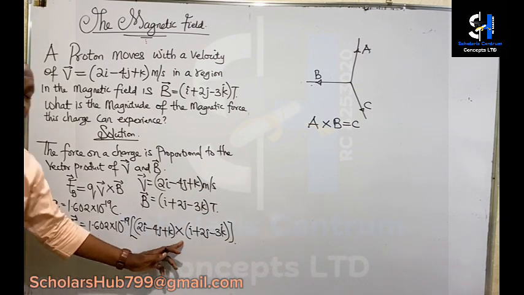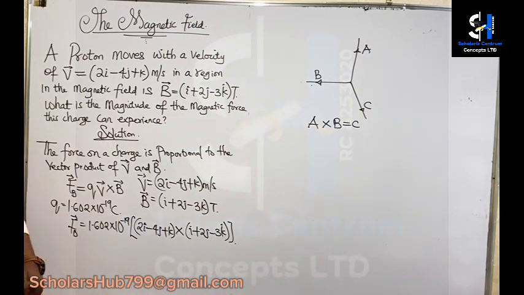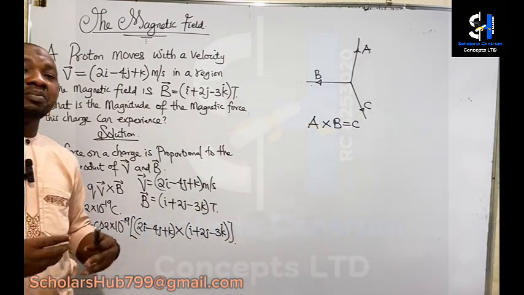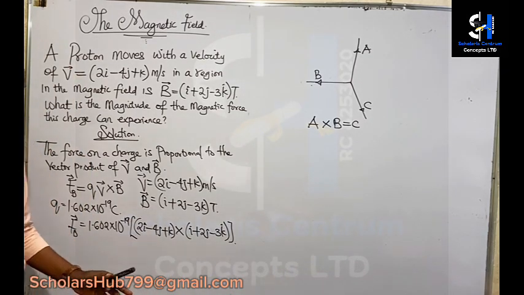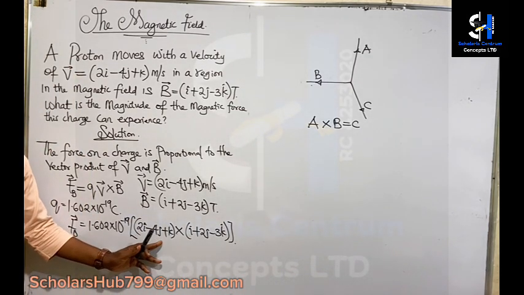This cross product is why we have to transform this into matrix form.